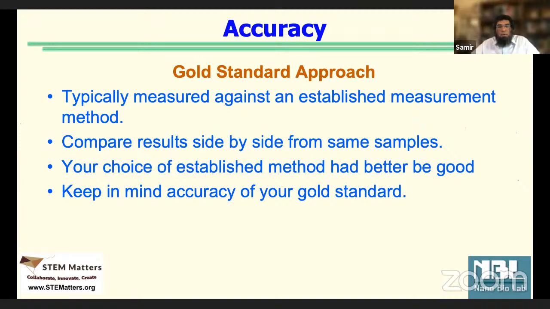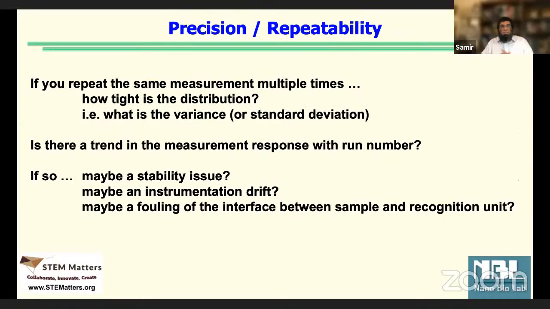And the accuracy would be the capacity to provide a mean value close to the true value, right? So again, 3 sigma or 2 sigma, whatever you decide for that measurement of a system. So that's precision and repeatability. We repeat it, how tight is the distribution? Is it still close to the signal that we measured before?